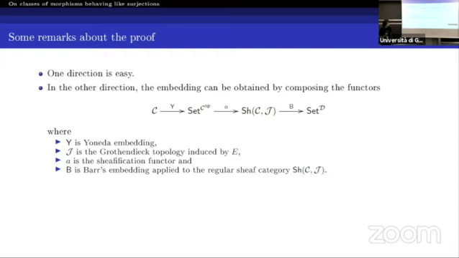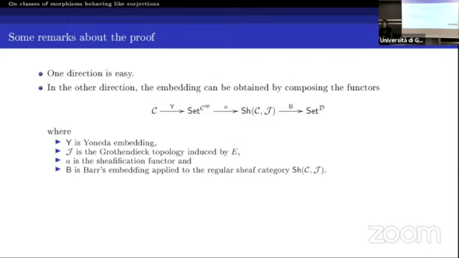And Barr's embedding there is fully faithful and a regular functor. So that's very nice. And we know that a morphism in C belongs to the class E if and only if it is sent by AY, the composition of the first two functors here, to an AP. So it's in E if and only if its image is an AP, or equivalently a regular AP.